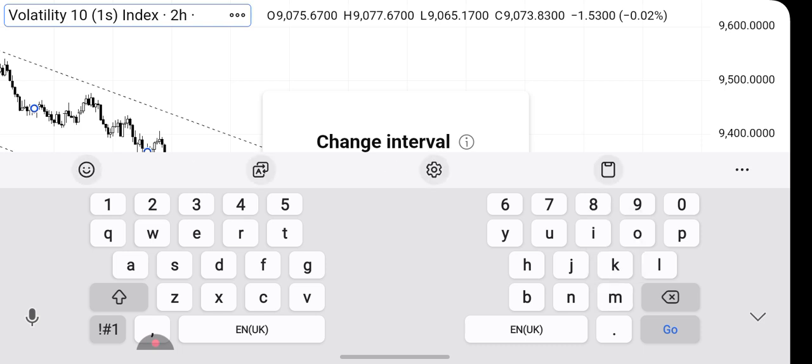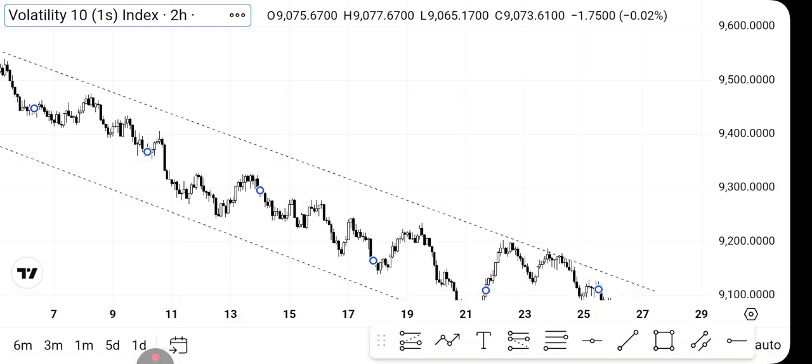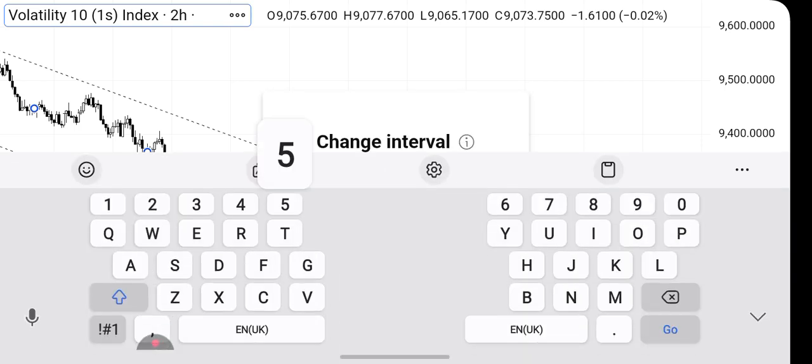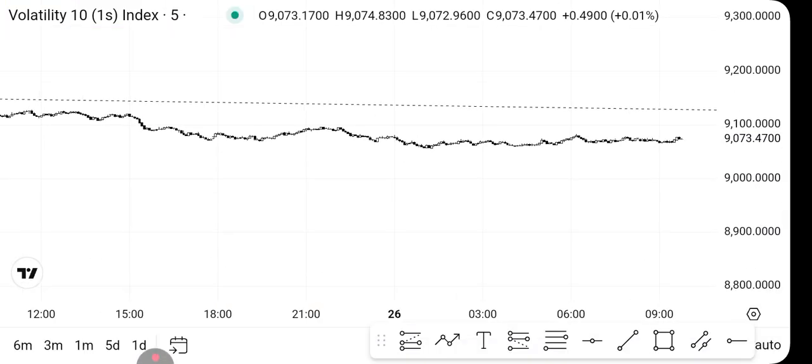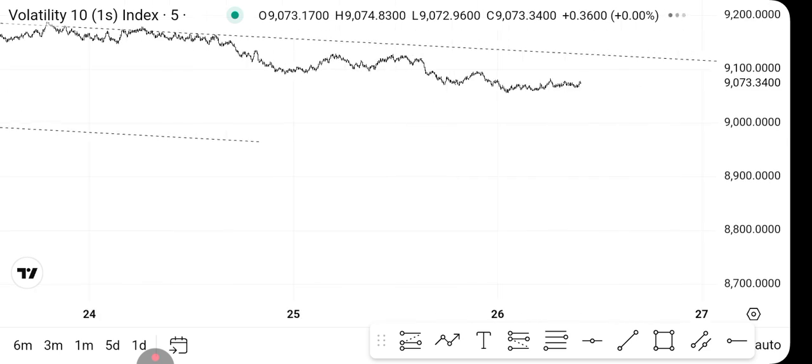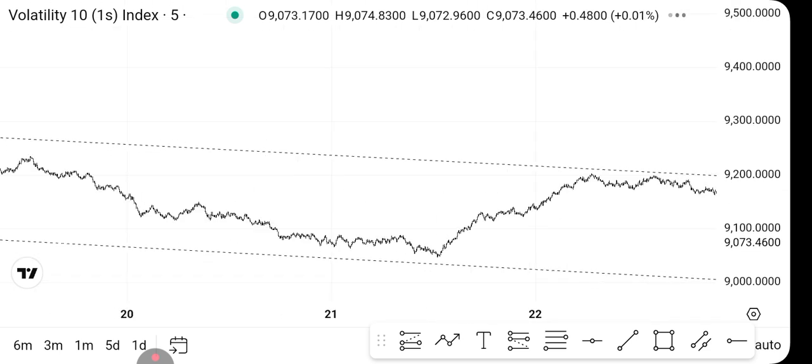Now let's go to 5 minutes, and look for channels within this trend. Let's start from here.